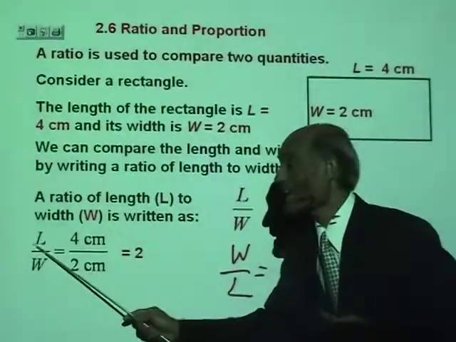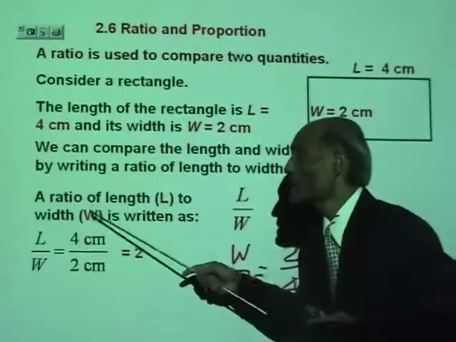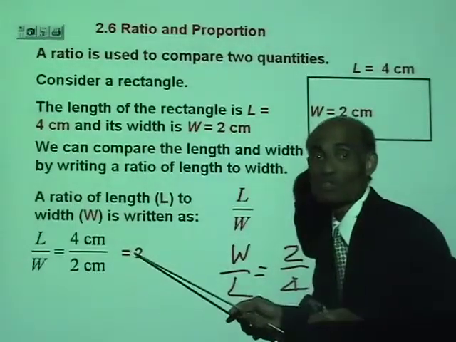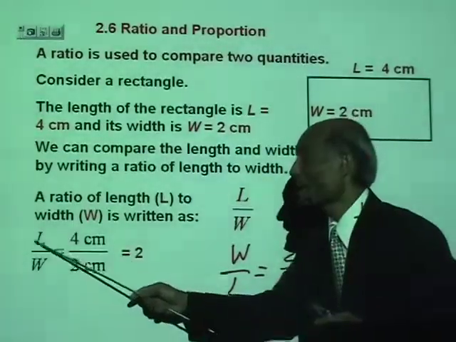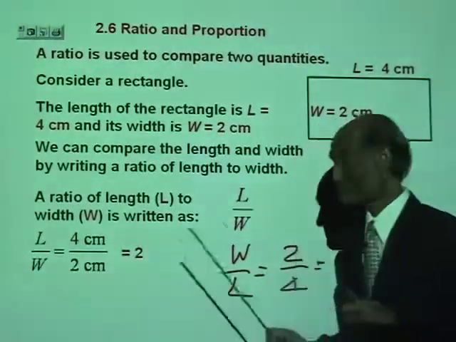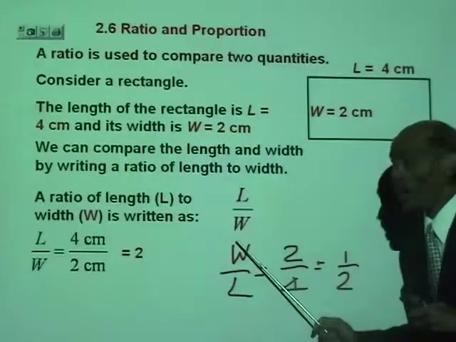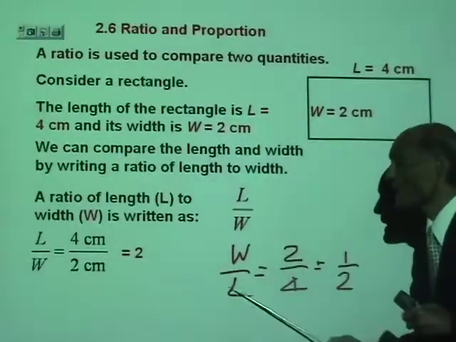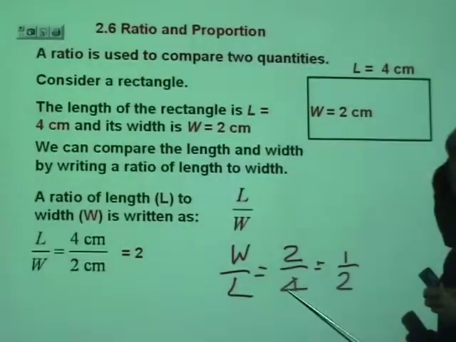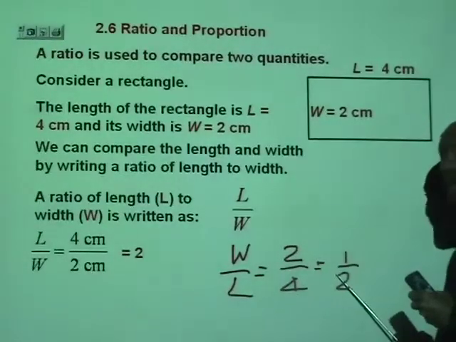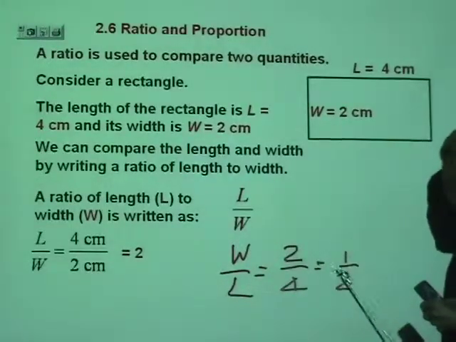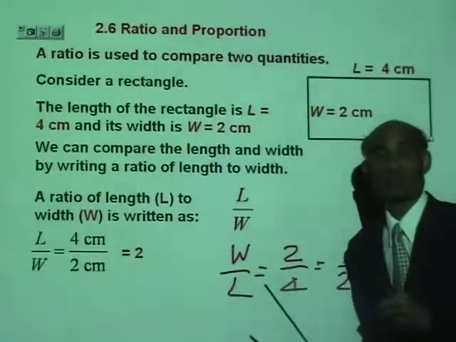Ratio of length to width is 4 centimeter divided by 2 centimeter, which is 2. It means the length is 2 times the width. The ratio of width to length is 2 centimeter divided by 4 centimeter, which is 1/2. It tells me that the width is 1/2 of the length.